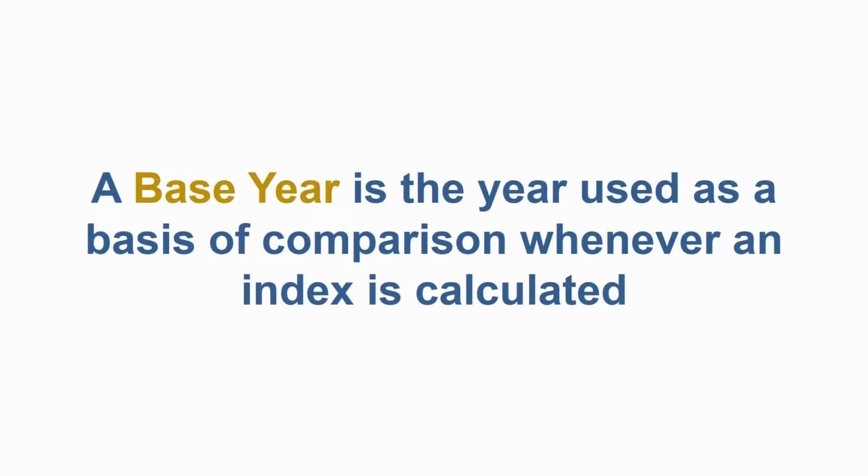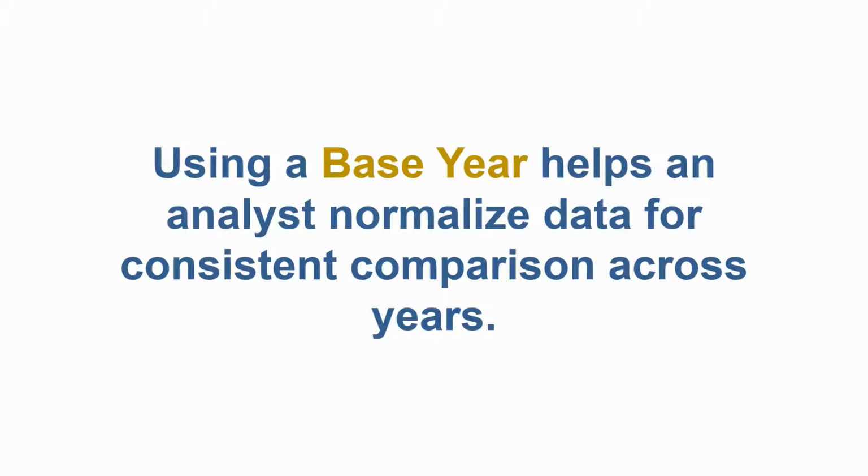Before we jump into creating a weighted index, let's quickly define the term base year, which we discussed in an earlier video. A base year is the year used as a basis of comparison whenever an index is calculated. Using a base year helps an analyst normalize data for consistent comparison across years.